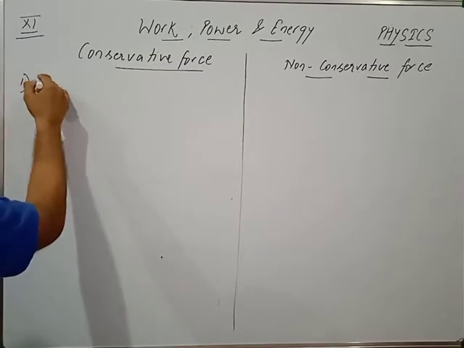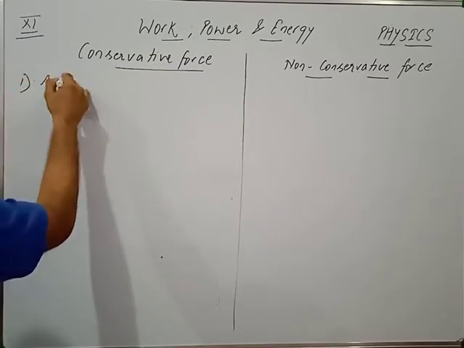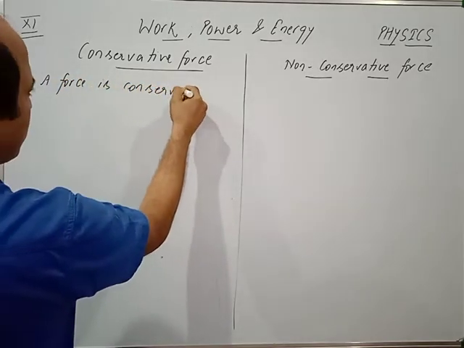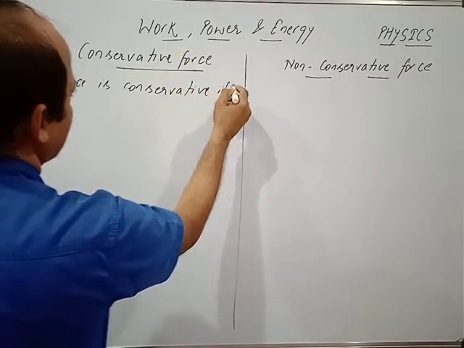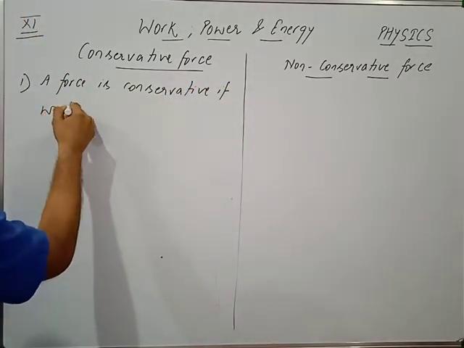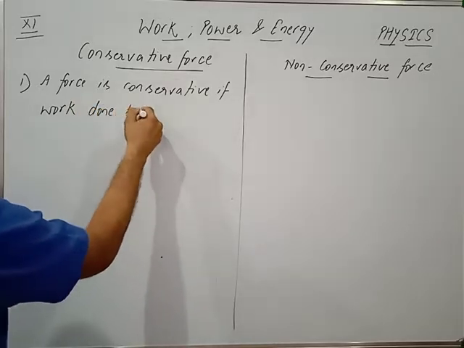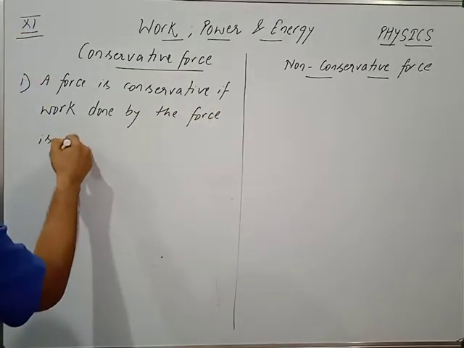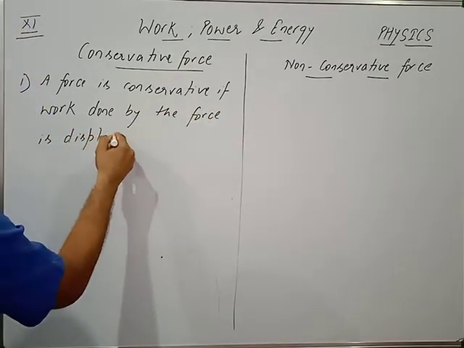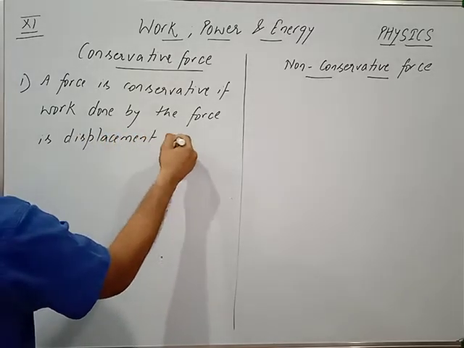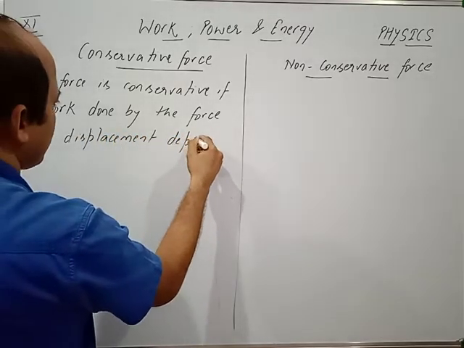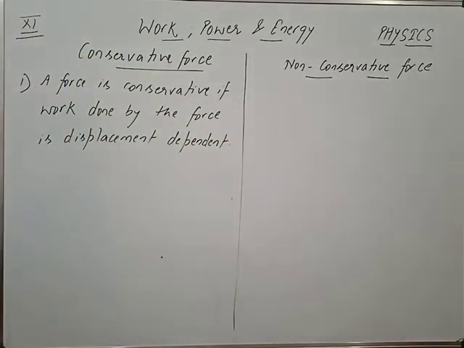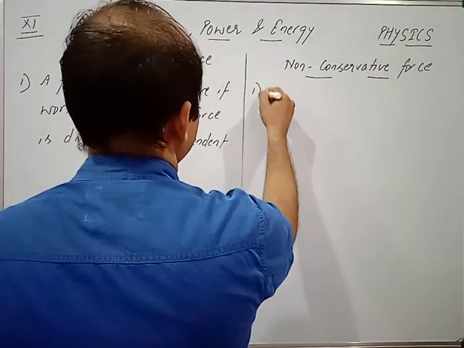Number one, a force is conservative if work done by the force is displacement dependent. If work done by the force depends only upon the initial and final position or only upon the displacement, then the force is said to be conservative.